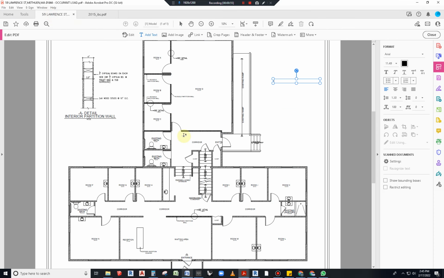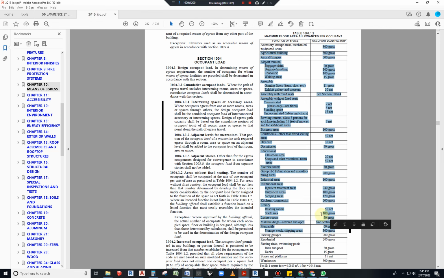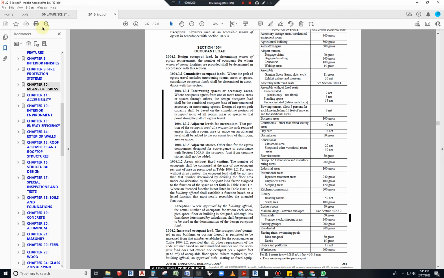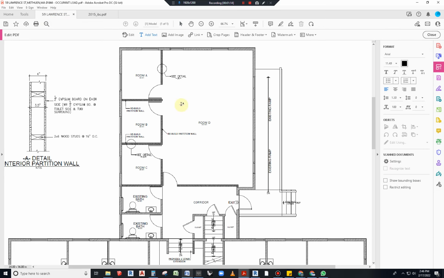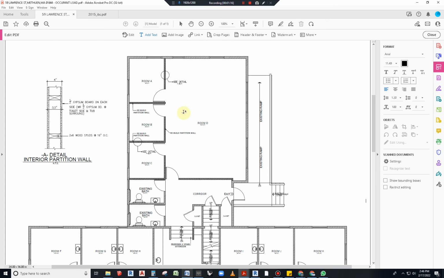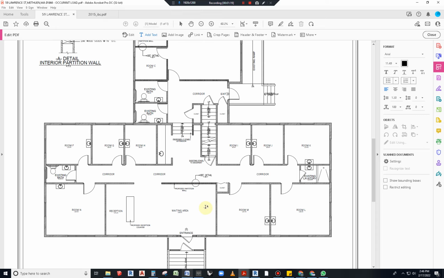First thing is, we have to determine the different areas in this building, and depending on the different uses we'll have to calculate in relationship to that number. So each use will be separate. Right now we have several rooms. Room A is actually a space, and that's business.